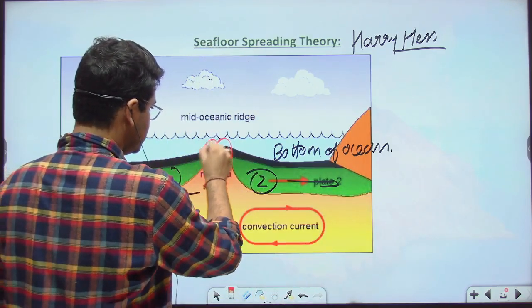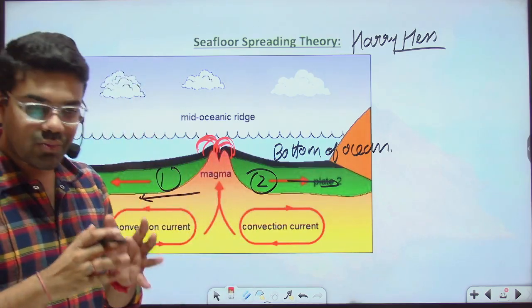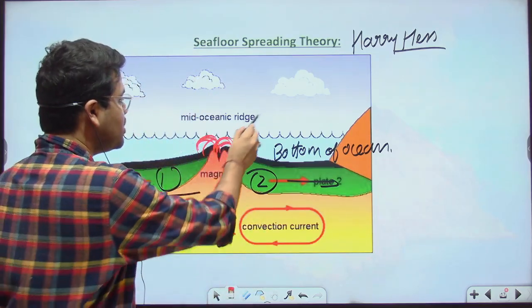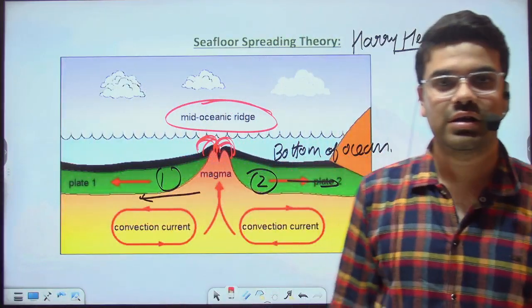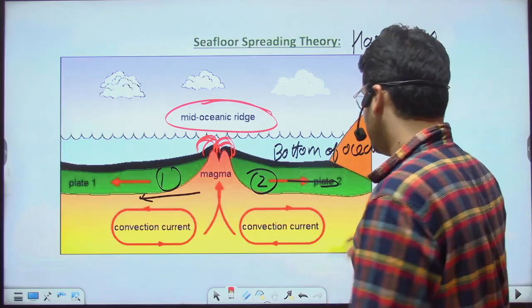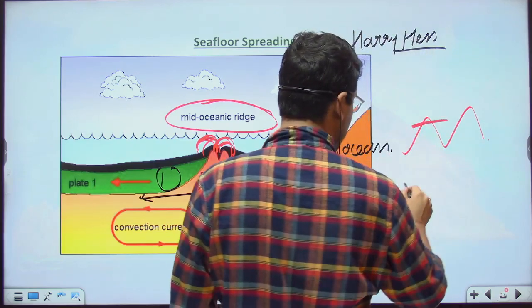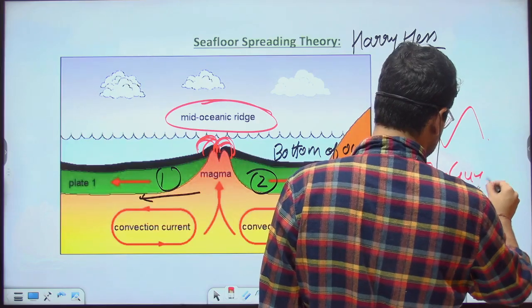Slowly, 20 to 30% of the magma is coming out. This magma is getting solidified in the form of lava and forming mid-oceanic ridges. They are forming mid-oceanic ridges, like this type of seamounts. When their top gets flattened, they are said to be guyots.